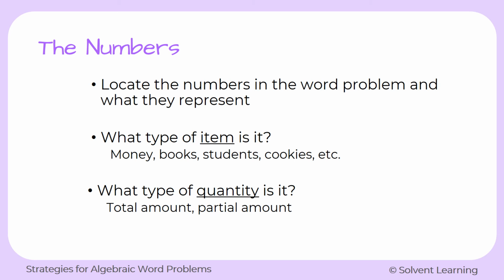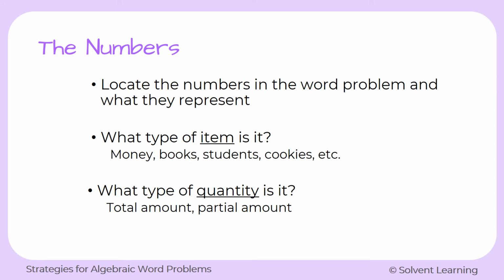And ask yourself, what type of quantity is it? Does it represent the total amount of something or just a partial amount? For example, if the number represents money, is it the total amount of money, or is it just the money for the cookies?